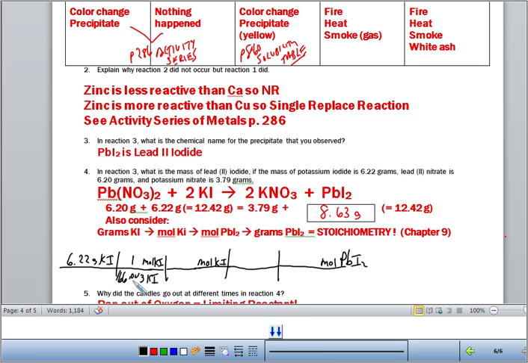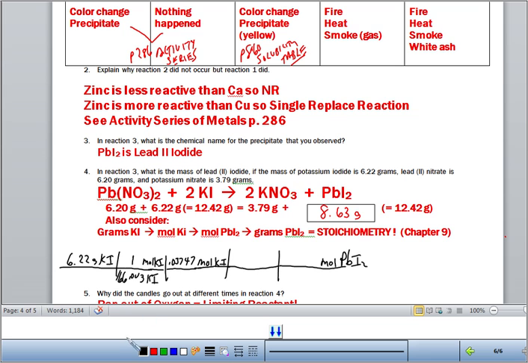Yes? And so that gives us how many moles? We want to go 6.22 divided by 166.00, and that gives us 0.03747. I'm going to extra significant figures because I don't want to round at each step. Now, here's the critical issue right here.